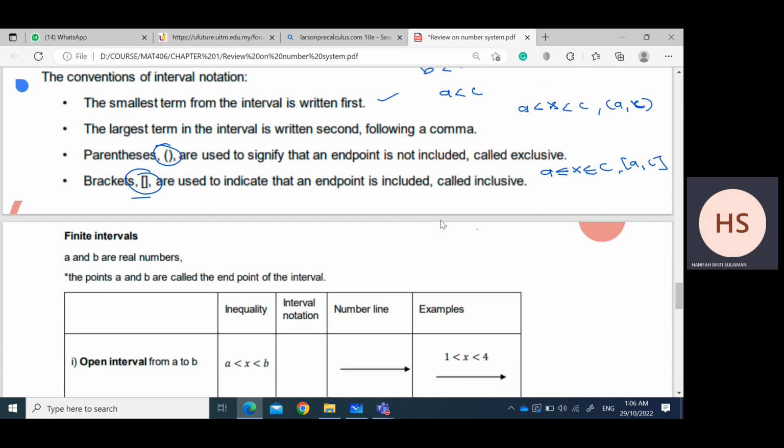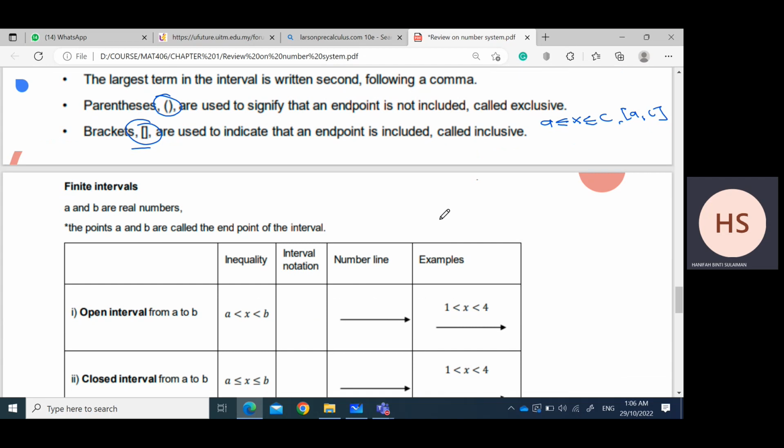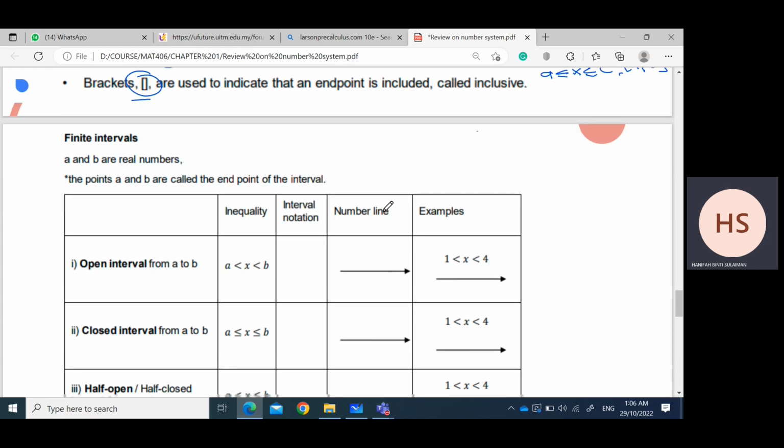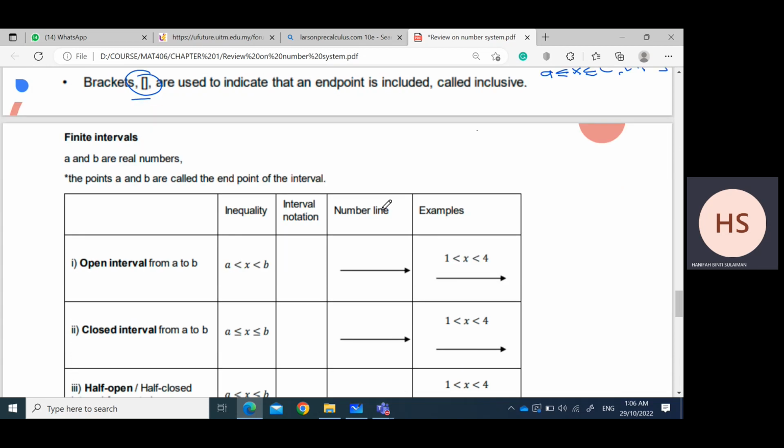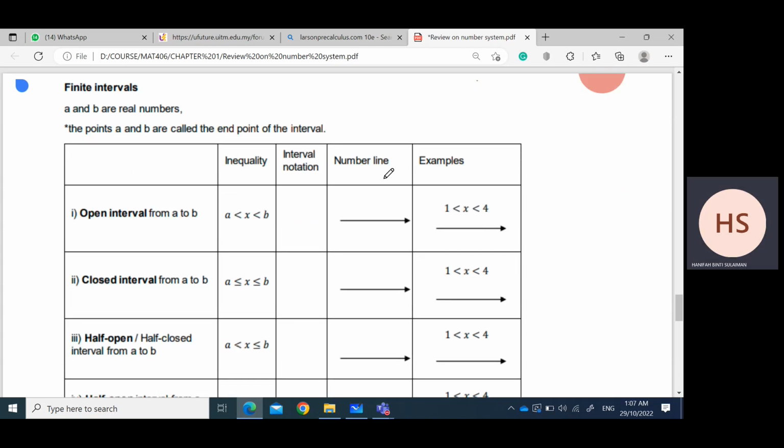Okay. Right, so next in interval we have a finite interval and the other one is infinite interval. So finite interval dia ada endpoint dia. Okay. Alright, so look at this one, inequality. So this one we call it as an inequality.